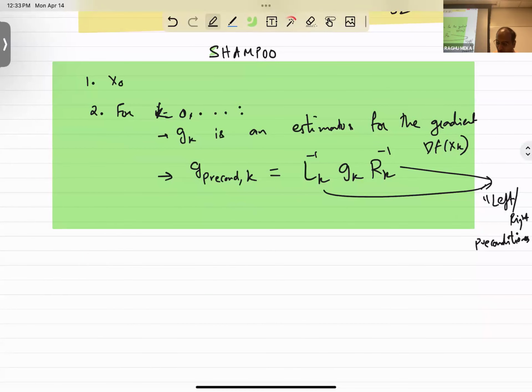So whatever estimators you have of these two matrices, you just apply them. Then x_{k+1} is just x_k minus eta times this preconditioned gradient. So in some sense, AdaGrad is a setting where L_k is a diagonal matrix.